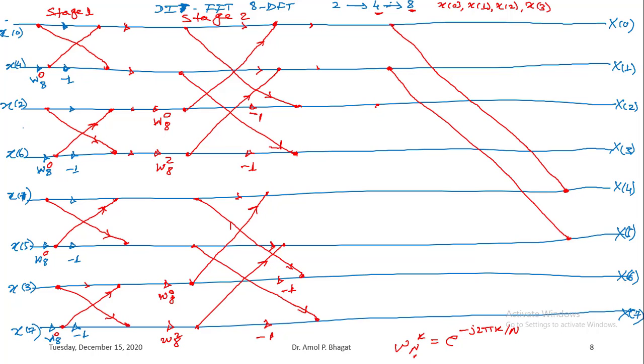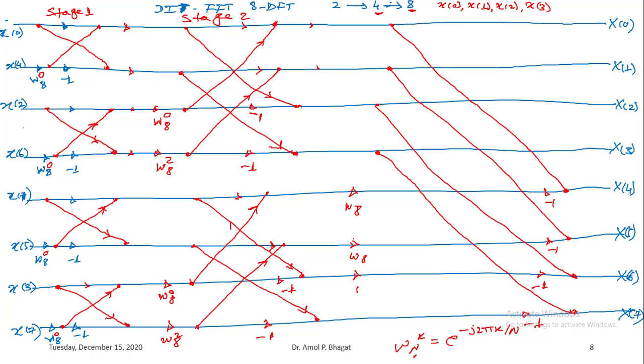Again it will be this dropping line, and finally this will be there. Where there is a dropping line, -1 will be there in multiplication, and along with -1 there will be a twiddle factor in multiplication. So again it will be W8 here, W8 here, W8 here, and W8 here.